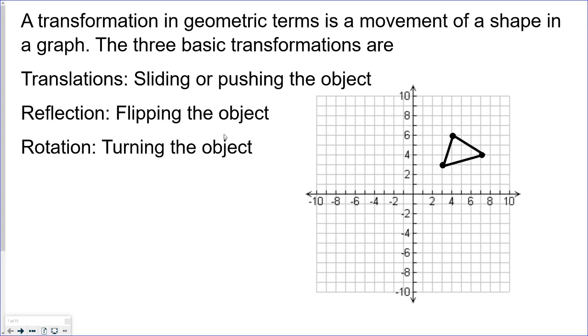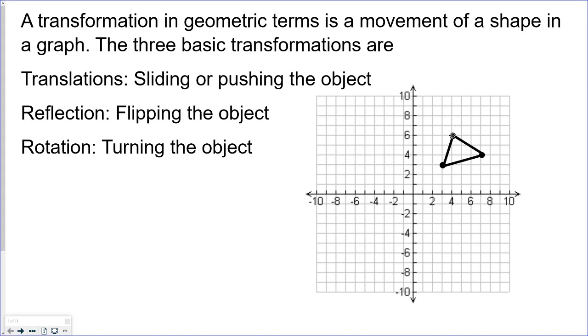A reflection is a little different. It's going to be kind of hard to show this using just a mouse and keyboard here, but a reflection is when you flip an object. If you picture this graph as a piece of paper, you draw the triangle over on this side, you would fold the paper down the middle, and then you would have an image of this marked on the other side.